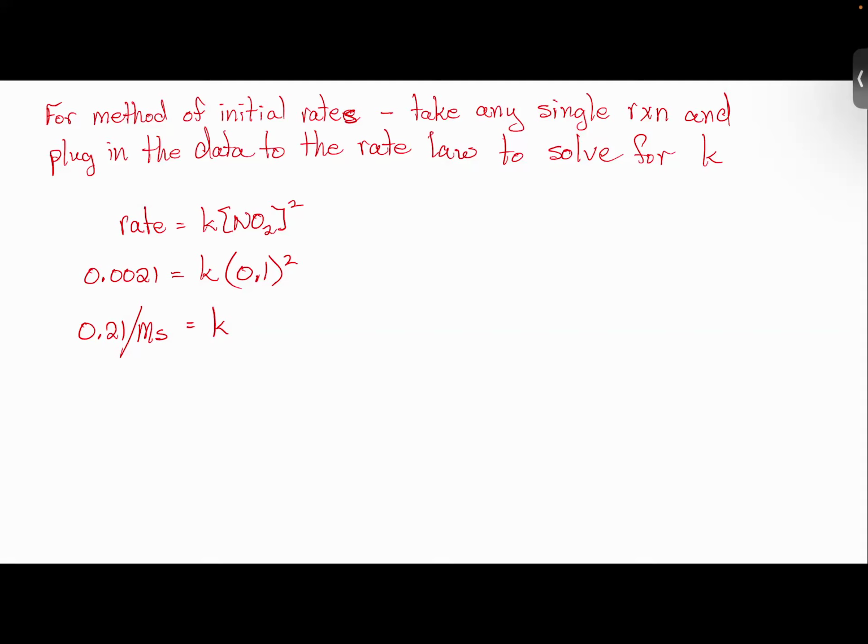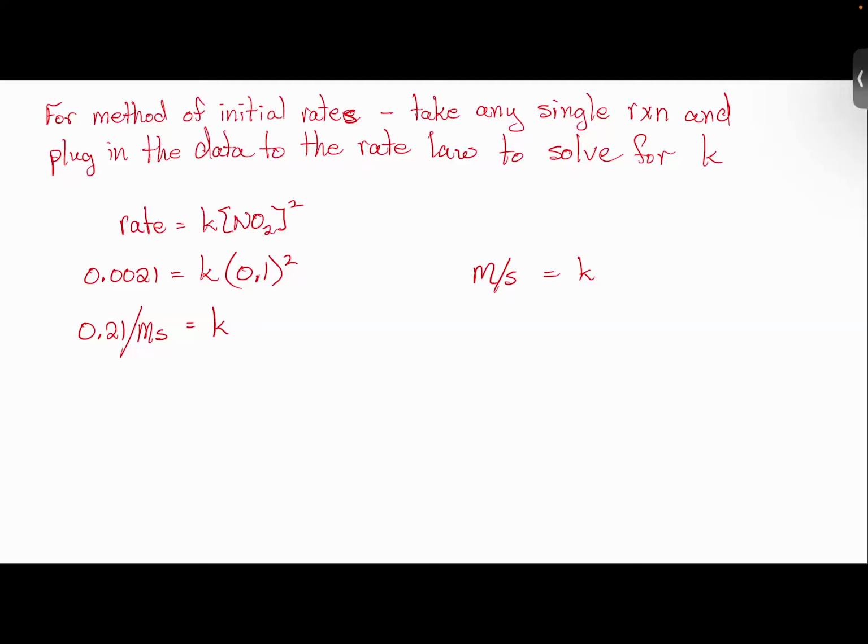Now you may ask how I came up with those units. Well, let's just look at the units of our information. The left-hand side is molar per second because all initial rates are in molar per second. That is equal to the rate constant.